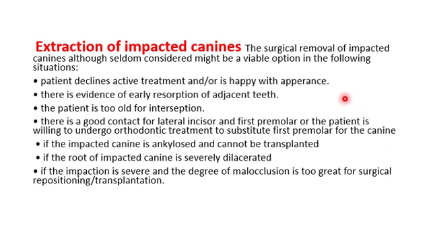There is evidence of early resorption of the adjacent teeth, which is especially important if there is root resorption of the adjacent tooth or teeth. And the patient is too old for interception of the orthodontic treatment, and he has no time to waste for a longer period of treatment. And there is good contact of the lateral incisor and first premolar. The patient is willing to undergo orthodontic treatment to substitute the first premolar for the canine.